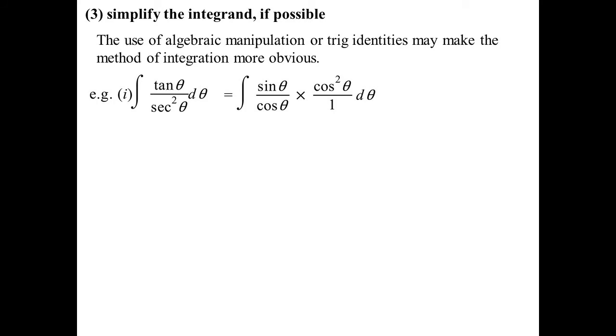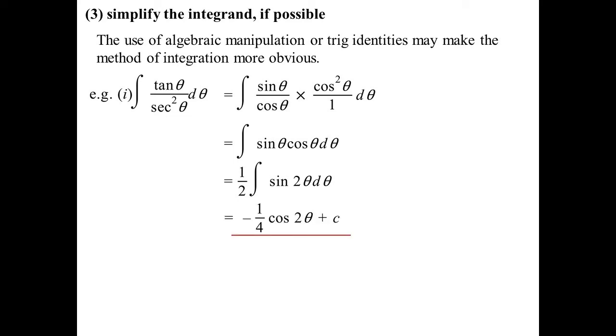Let's see what happens. It's now sine on cos, and sec squared becomes 1 on cos squared, so invert and multiply. I now have sine cos. Oh, okay, now that's something nice. So we've got a half of sine 2 theta, and so we know that'll be minus a quarter cos 2 theta, plus a constant.